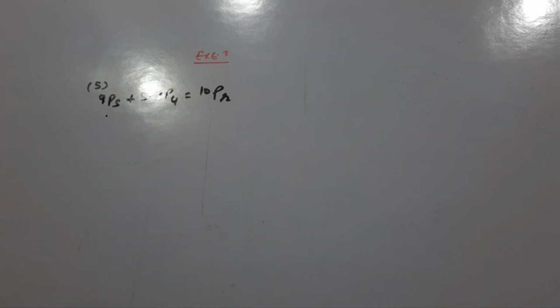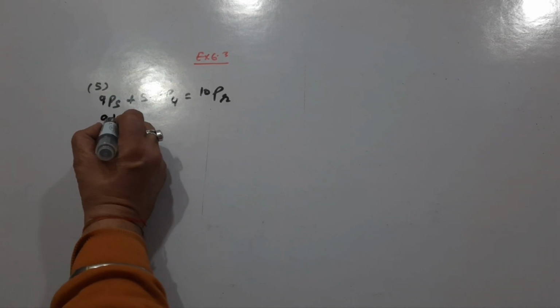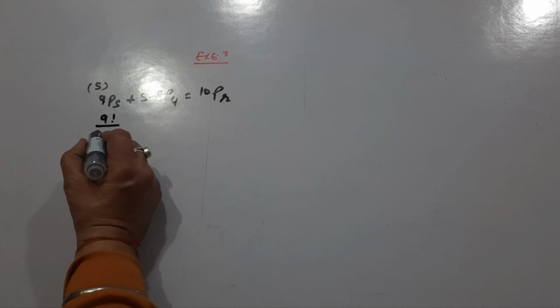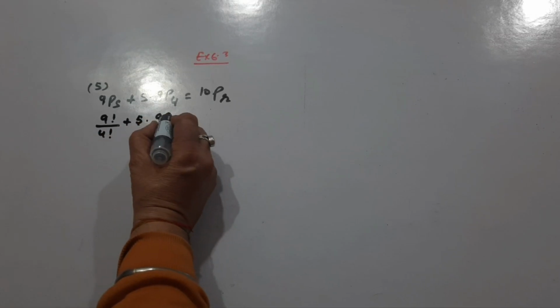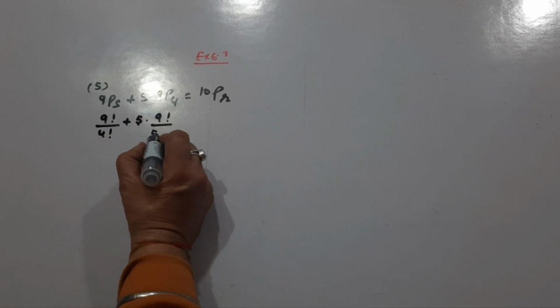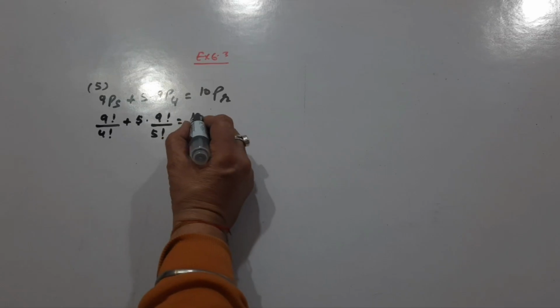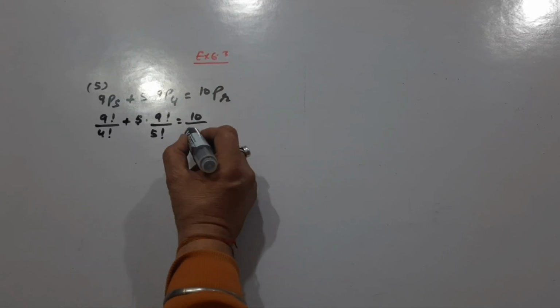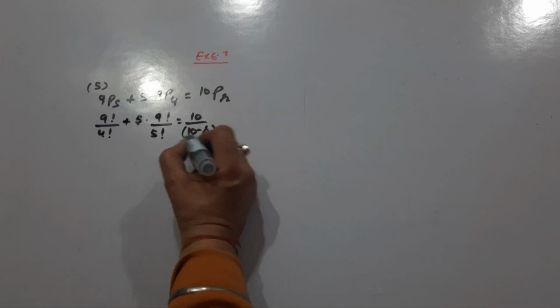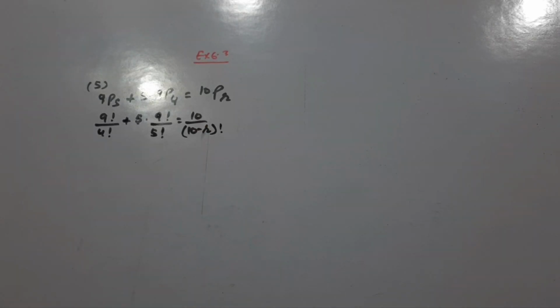So 9P5 is equal to 9 factorial upon (9 minus 5) which is 4 factorial, plus 5 times 9 factorial upon (9 minus 4) which is 5 factorial, and this is equal to 10 factorial upon (10 minus r) factorial.